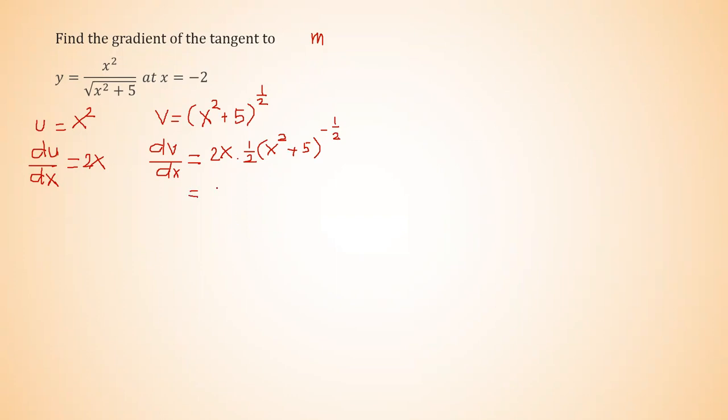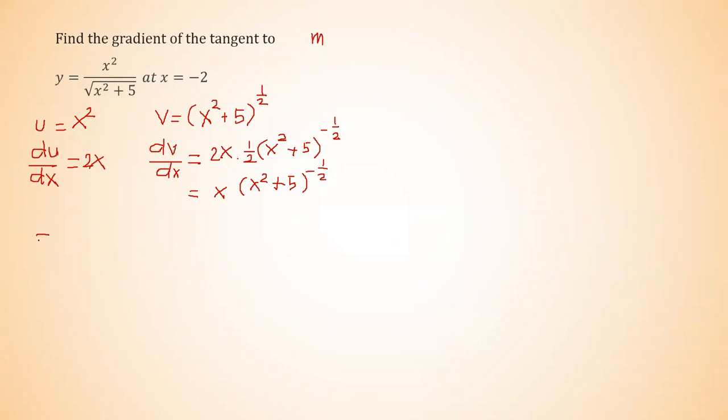And it becomes x times x squared plus 5 to the power negative a half, because 2x times a half is x.